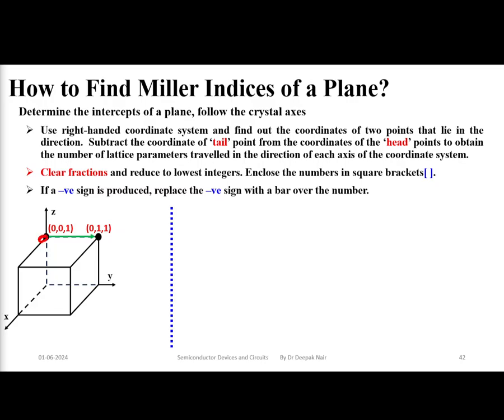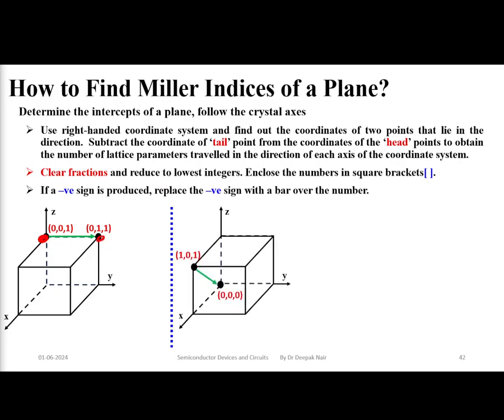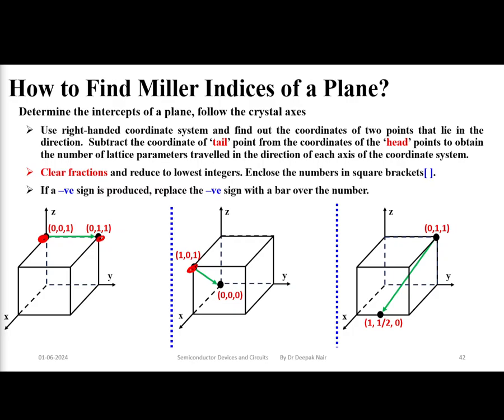This point is 0, 0, 1. This point is 0, 1, 1. Similarly, this point is 1, 0, 1, x touching 1. It is not touching the y axis, it is touching the z axis. Similarly, we have the last point 0, 1, 1 here.